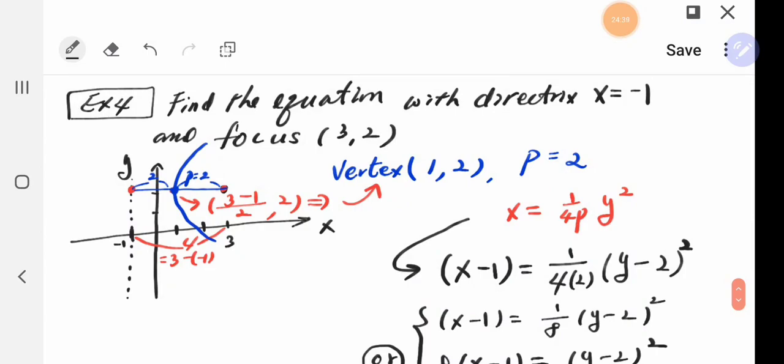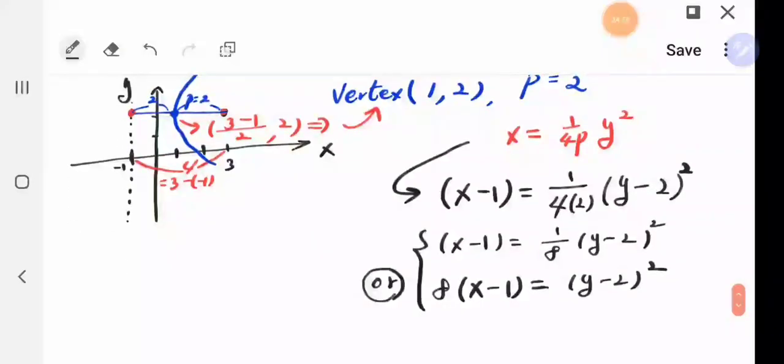From this equation, apply the transformation property. Replace x with x minus h, replace y with y minus k, and also replace the p-value. Then rearrange the equation, and this will be the equation of the parabola.